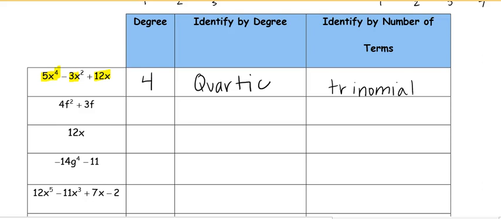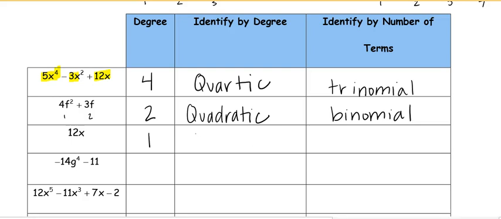What's the highest exponent in the second expression? It's 2. So we would call that quadratic. And how many terms? You have 1, 2. So this is called a quadratic binomial. The highest exponent in the third is 1, so we would call this linear.